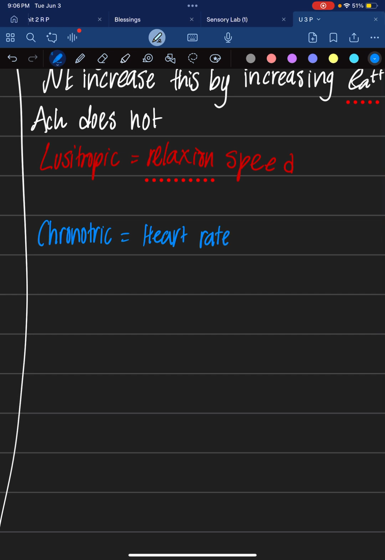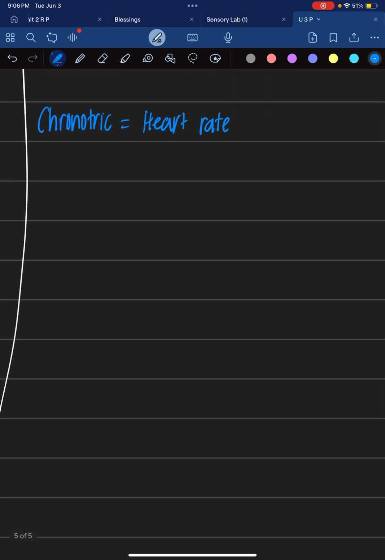So NE increases the heart rate by speeding up the SA node, so that there's faster depolarization, and acetylcholine slows it down by making it harder for the SA node to reach the threshold.